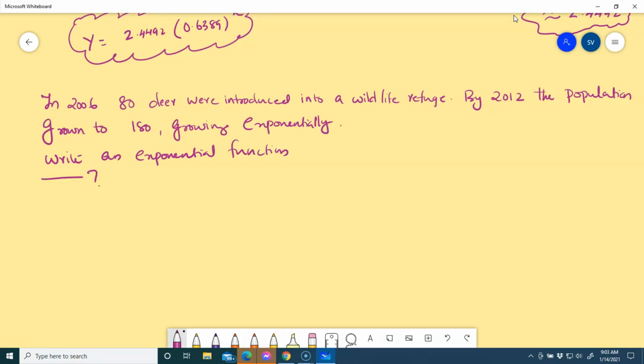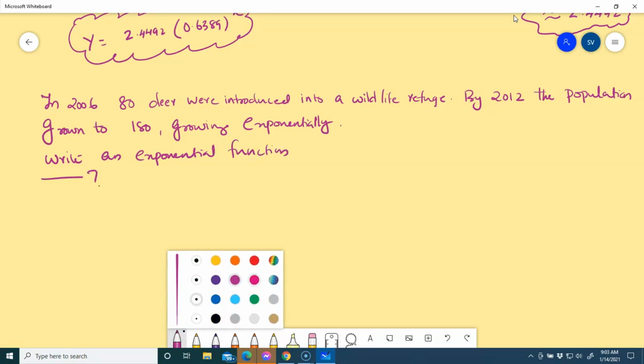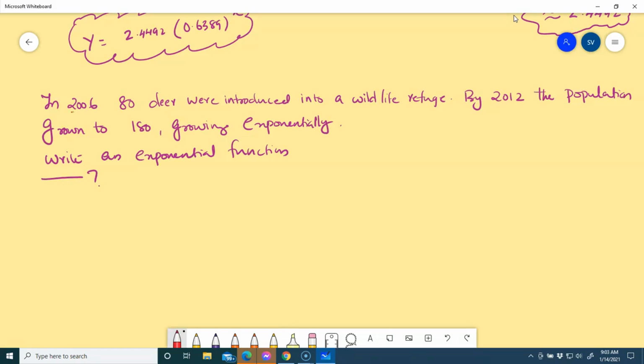Interesting. How can we approach this problem? We have the starting year, starting number. We have a year that we are considering as a marking point, and we have the number of deer at that point too.